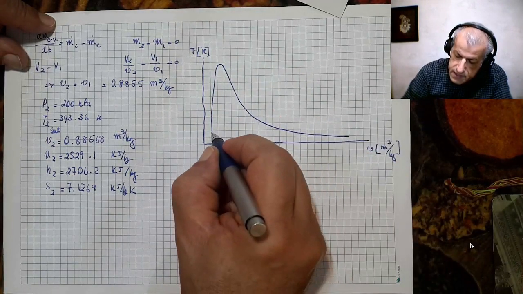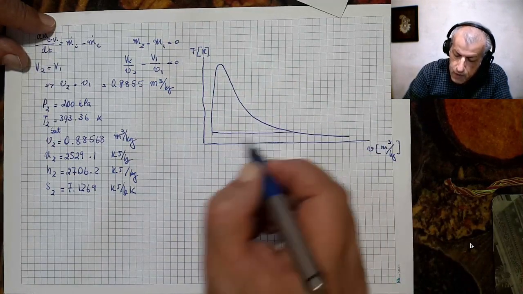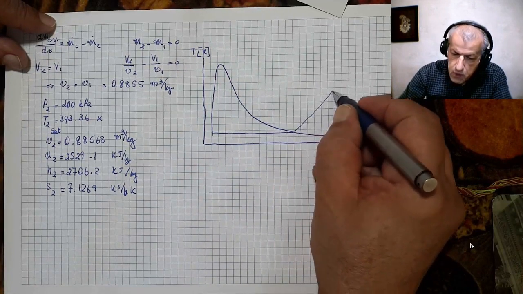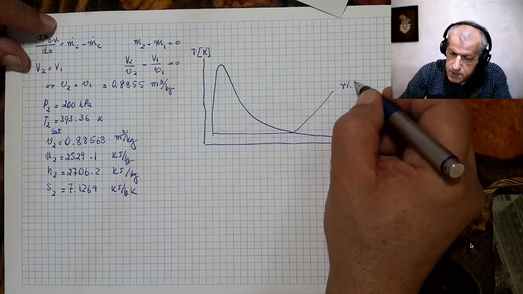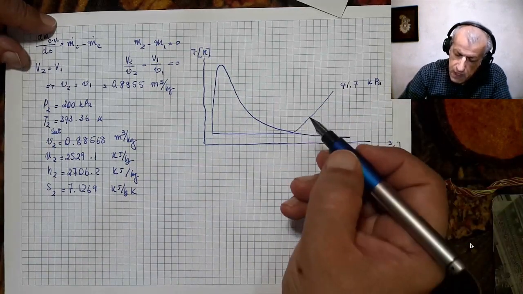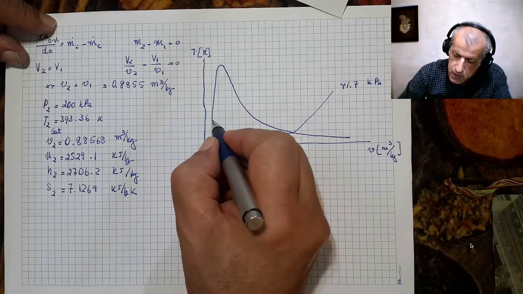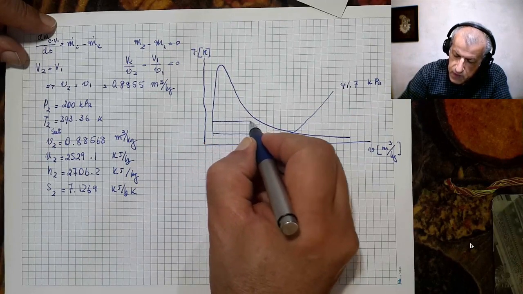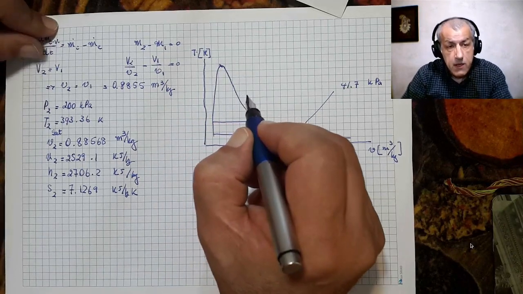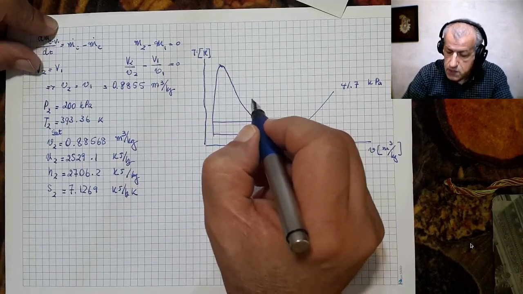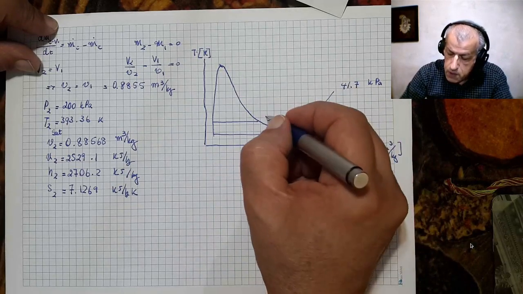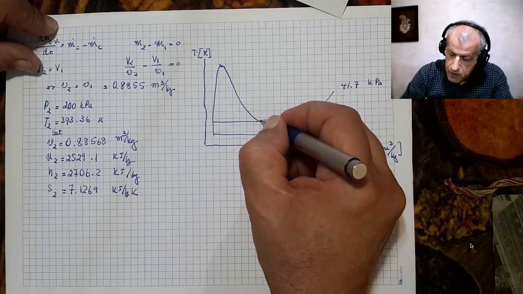You see, this is our initial condition, which was 41.7 kilopascals, and we now know that at 200 kilopascals, which is not far away considering that this is 22,000 kilopascals, so 200 kilopascals would not be very far away from 41.